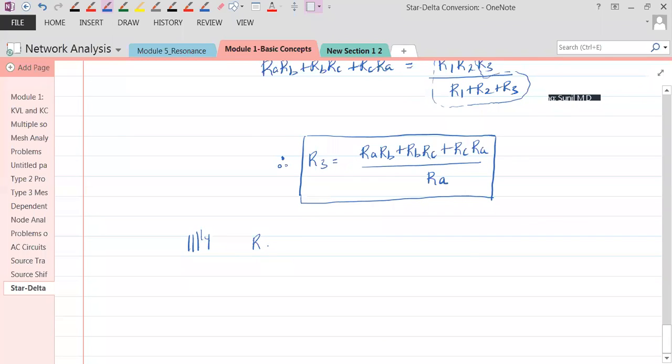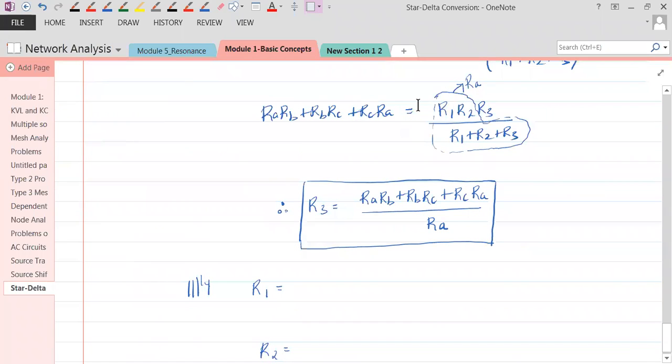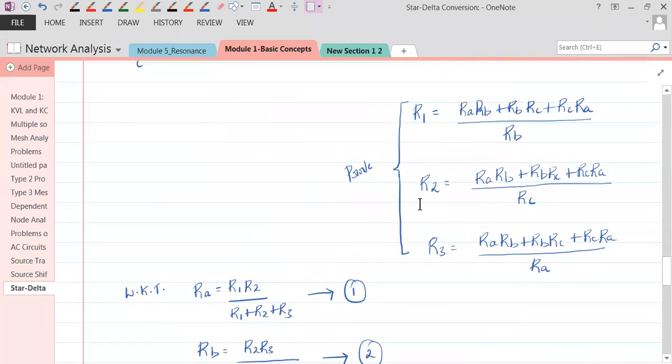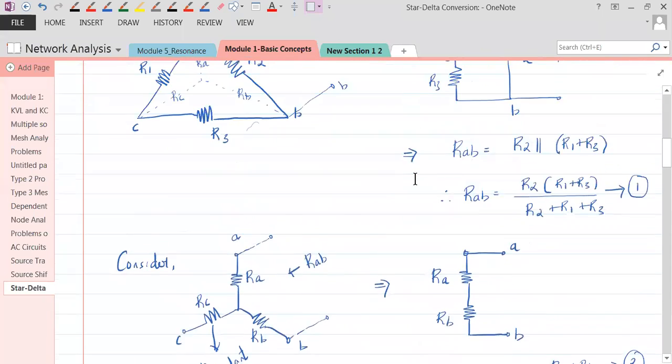With this equation you can obtain R1, or R2, or R3, just by selecting the required terms and calling them RA, RB, RC. Is that okay with you? So in this class, I've just given you the derivation. We will be solving problems using this.